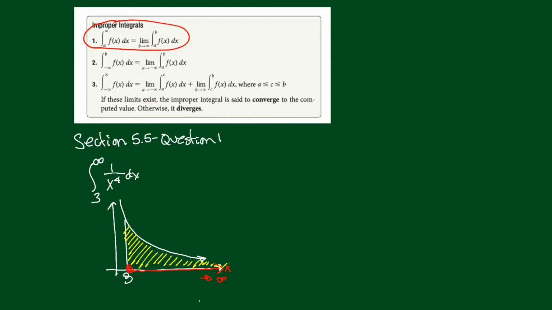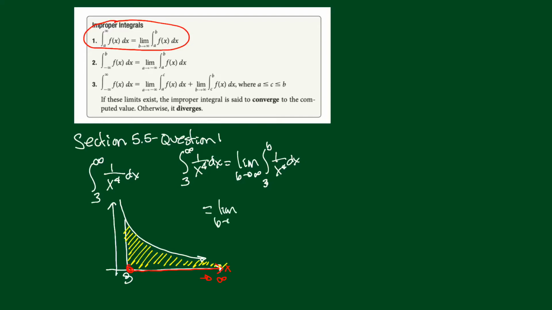We're going to get our integral from 3 to infinity of 1 over x to the 4th, dx. That's going to be the limit as b goes to infinity of the integral from 3 to b of 1 over x to the 4th dx. To evaluate this one, I'm going to rewrite that, bringing the x up to the numerator.